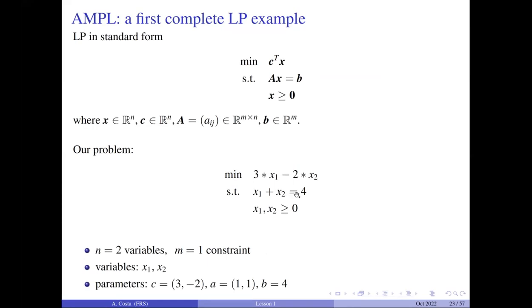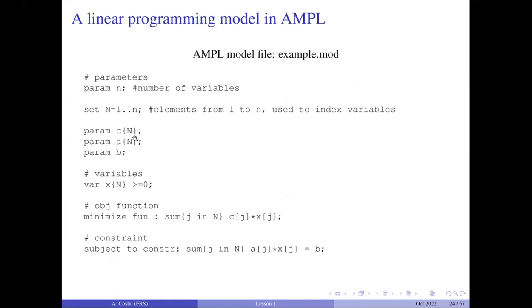Okay, so we have a question. Usually you write the objective function first. Frankly speaking, I never tried to switch the order. I don't know if it works. It's something interesting to try. But what you need to remember is that you need to define, for example, the variables before using them in the constraint. This is important. So for example, here you write the constraint.